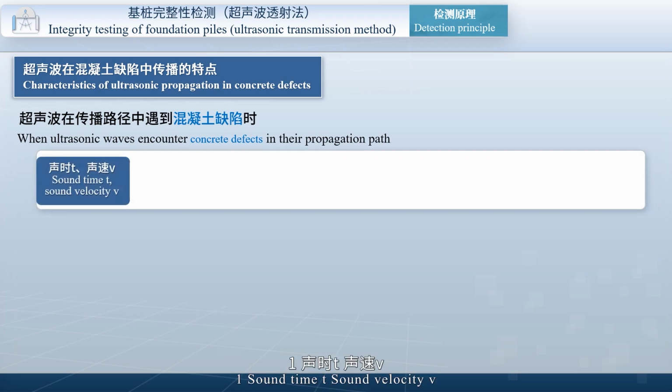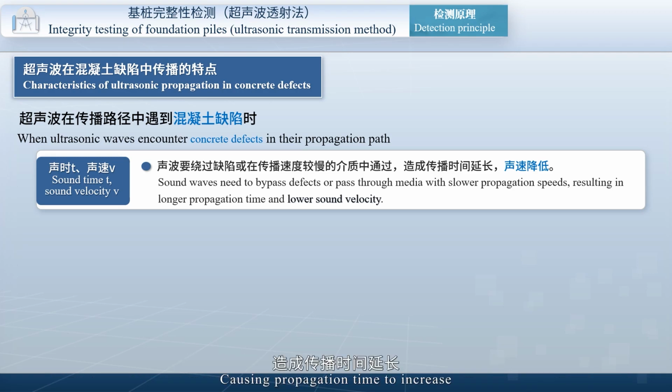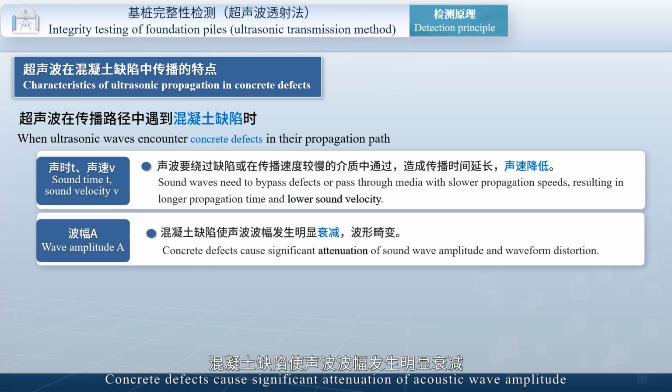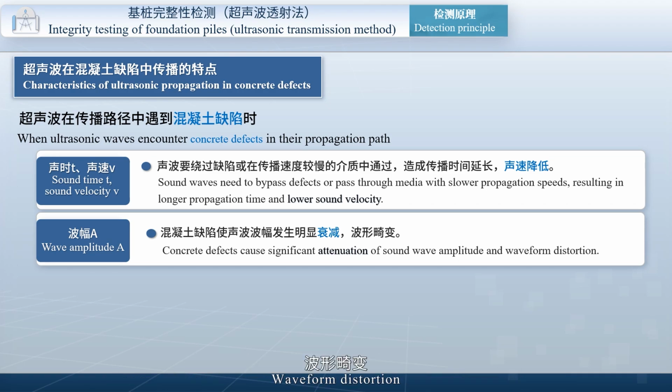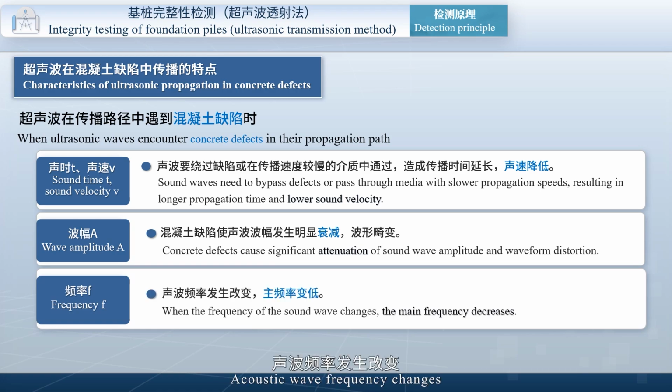Sound time T and sound velocity V: acoustic waves must bypass defects or pass through media with slower propagation velocities, causing propagation time to increase and sound velocity to decrease. 2. Wave amplitude A: concrete defects cause significant attenuation of acoustic wave amplitude and waveform distortion. 3. Frequency F: the acoustic wave frequency changes and the main frequency decreases.